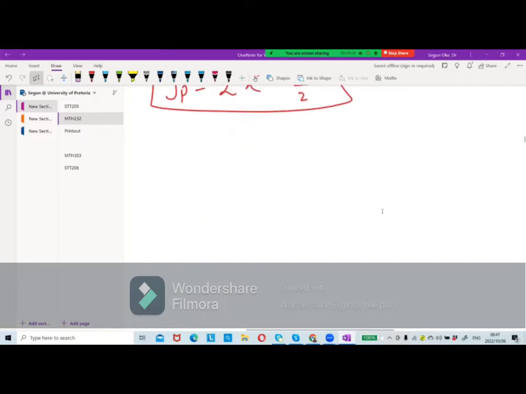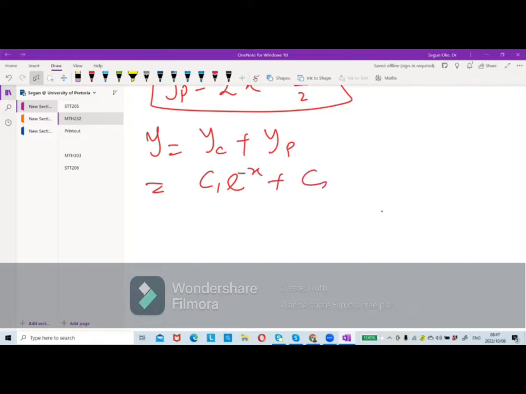Now, our general solution will be y equals yc plus yp, which is the same thing as c1 exponential minus x plus c2 exponential minus 2x plus 2x minus 1 over 2. That is your general solution.